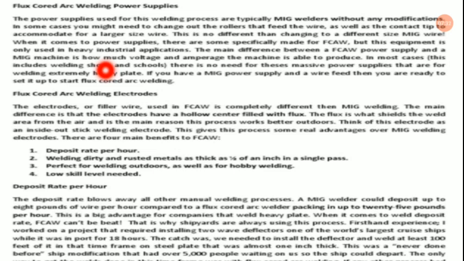Okay, so in most cases, this includes welding shops and schools, there is no need for these massive power supplies that are for welding extremely heavy plate. So if you have a MIG power supply and a wire feeder, then you are ready to set it up to start the flux core arc welding process.